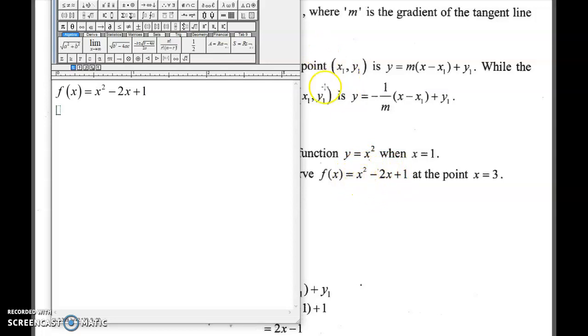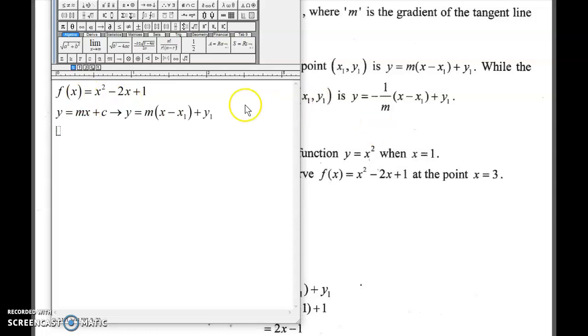You can imagine that the curve is just like a U curve. And they want us to find a tangent line at x equals 3. So what will be the equation, the straight line equation, known as a tangent line at point 3 that is touching this curve?